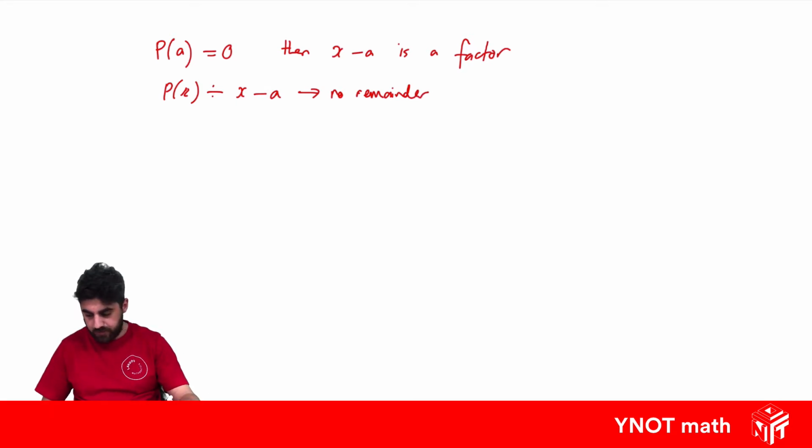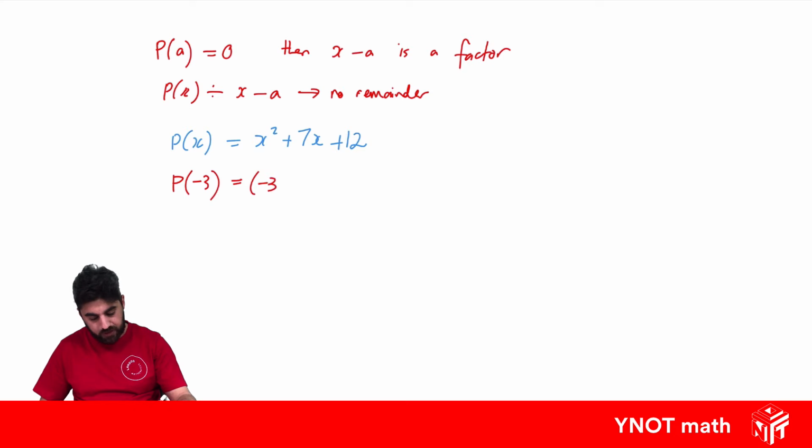So let's look at a simple example to get started. Let's say we have some polynomial P of x equals x squared plus 7x plus 12. We're going to find P of negative 3. So we'll have minus 3 squared plus 7 times minus 3 plus 12. So we'll get 9 minus 21 plus 12.